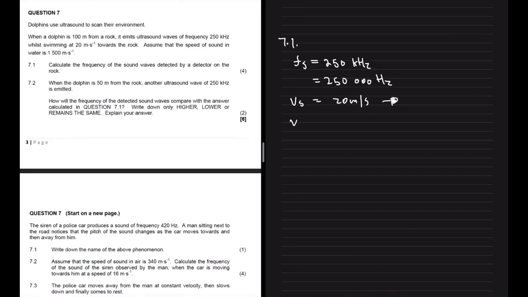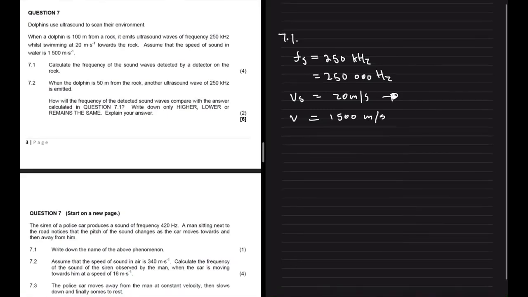Then V of sound in water is 1,500 meters per second. Then we're supposed to calculate the frequency of the sound waves detected by the detector on the rock. So we have F of listener equals F of source, V plus or minus V of listener divided by V plus or minus V of source.